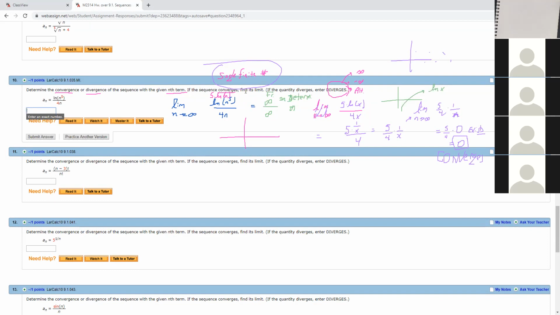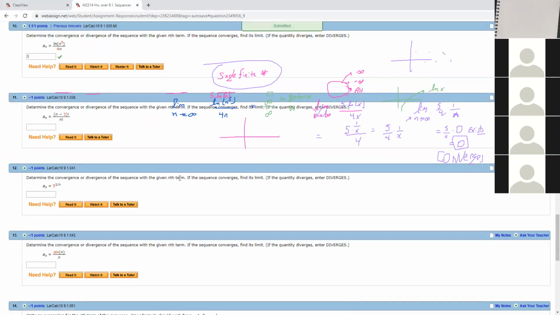We first have to find the limit. And then if it's a single finite number, then we know the sequence converges. You understand? Yes. Okay, so here we put 0. And we are good. Okay, any questions here? No.